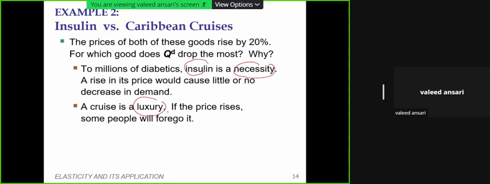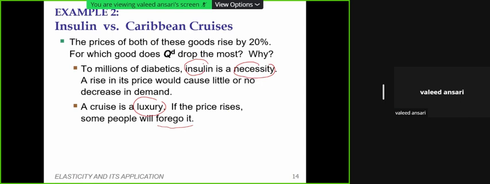For instance, if the price of a cruise increases, some people may decide against availing of that. They may wait till the price comes down, but one cannot do without insulin. People will die. So even if the price of this may have gone up, those patients may have to use it.